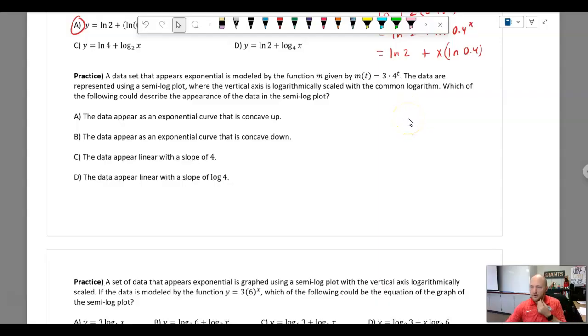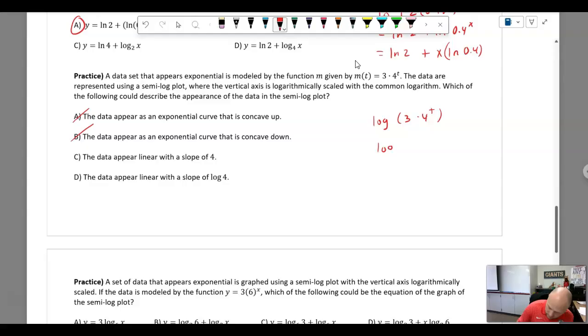All right. Hopefully you went ahead and did this one. Really, you want your data to appear linear. If you take a semi-log plot, your data is going to appear linear. So the answer is between these two. Okay, and again, if I take a log of this function, I take log of 3 times 4 to the power of t.